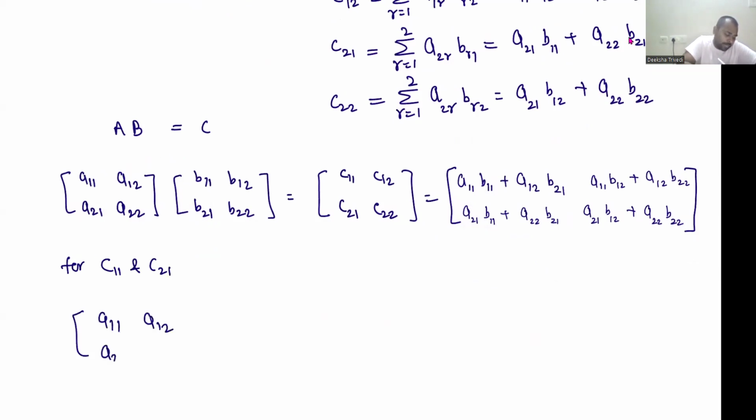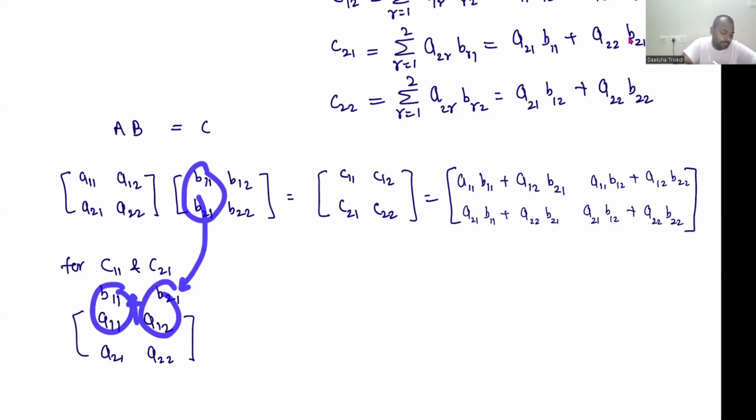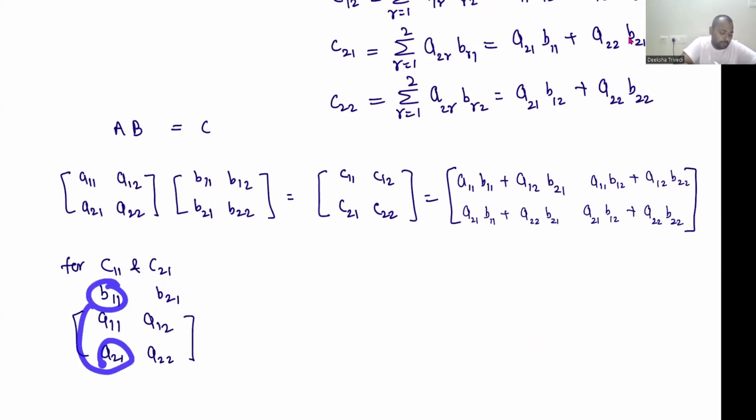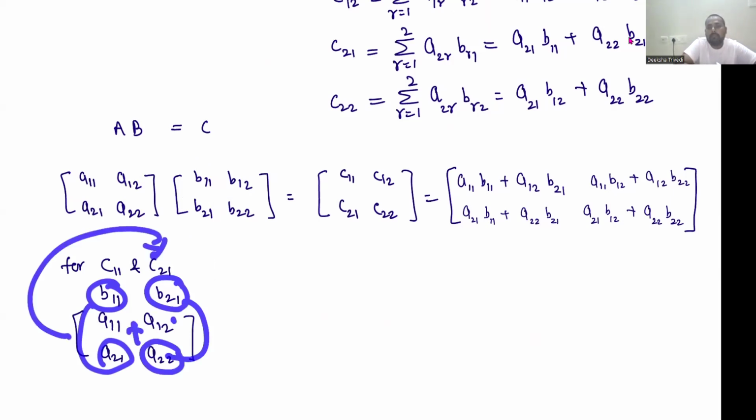Here we are multiplying B11 and B21. We take B11 and B21, multiply with this and add. That is the first element. Now A21 multiplied with B11, A22 multiplied with B21 and add. That is the second element in the row.